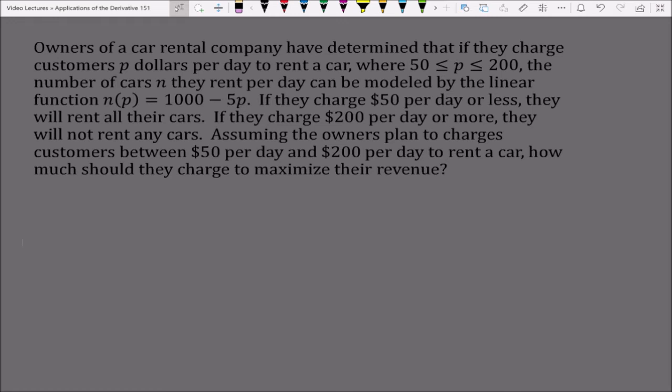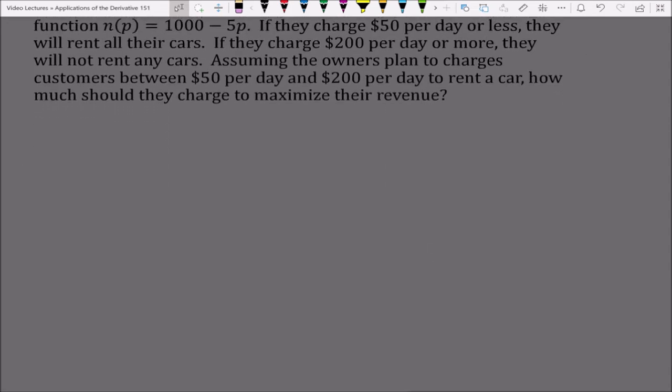All right. Now, revenue is the price you charge per unit times the number of units sold. In this case, the price you charge per car rented times the number of cars you rent.